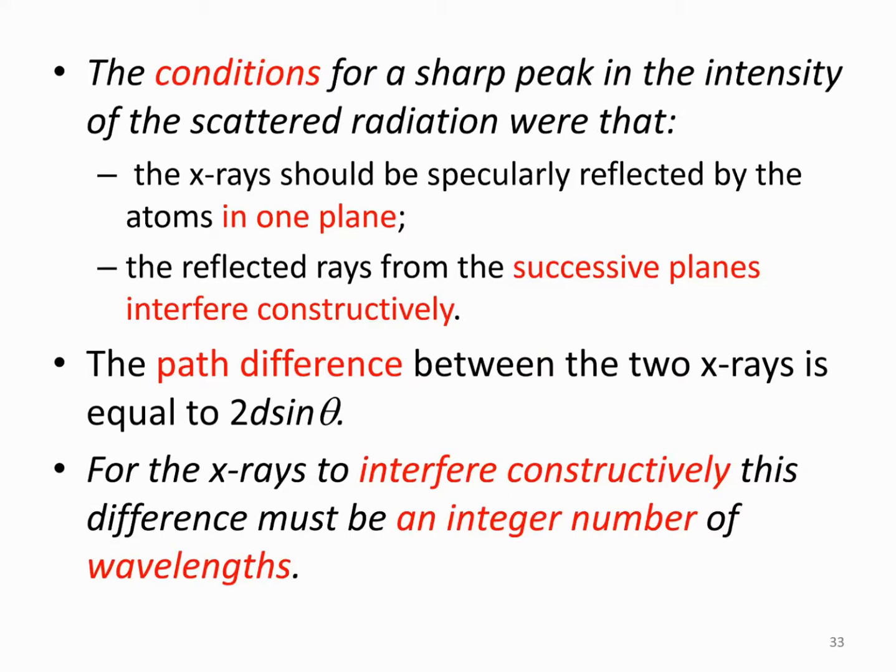Then the interference plus another interference will interfere constructively, so it will double the interference so that you get a very strong reflection or diffraction point. At the same time, the path difference between the two X-rays is equal to 2d sine theta, as I showed you just now. So for the X-rays to interfere constructively, this difference must be an integer number of wavelengths. So 2d sine theta must be equal to an integer number of lambda. It cannot be 0.5 lambda. If 0.5 lambda, then the X-rays will not interfere constructively.